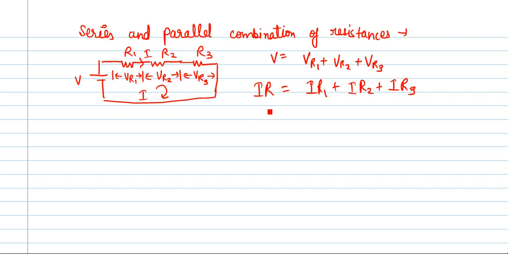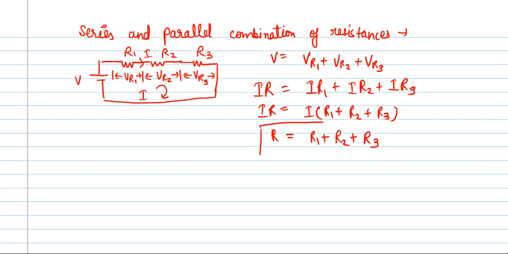So from both sides I will be cancelled out. So I R is equal to I into (R1 plus R2 plus R3). Now cancel out this I, so we get R is equal to R1 plus R2 plus R3. This is the formula for the equivalent resistance of the series combination.